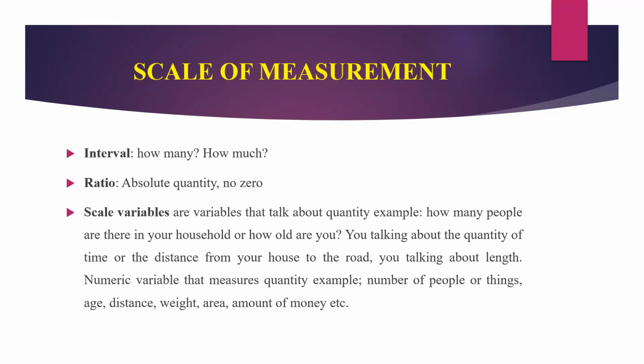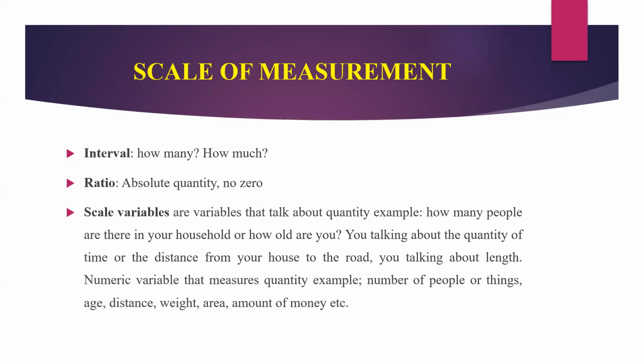Interval talks about how many, how much. Ratio talks about absolute quantity, with a true zero. In SPSS, like I said, interval and ratio scale of measurement is named scale variable. So scale variables are variables that talk about quantity. Example, how many people are there in your household, or how old are you?